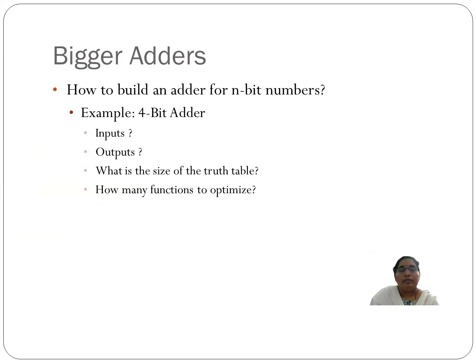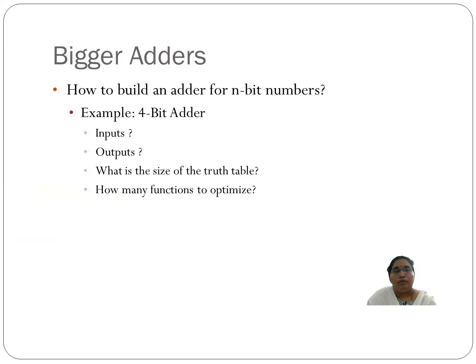If we go for the normal combinational circuit procedure, it will be a complex circuit to design, because if we take a 4-bit adder, A is one 4-bit number, B is another 4-bit number, and then there will be a carry input.